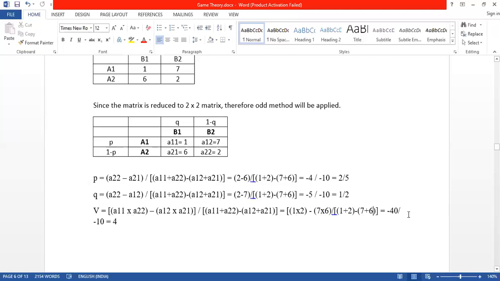By solving this, we have minus 4 by minus 10, so it is 4. That means the probability that A1 is chosen is 2 by 5. Probability that B1 is chosen is 1 by 2. And for these strategies, the value of the game will be 4, right?